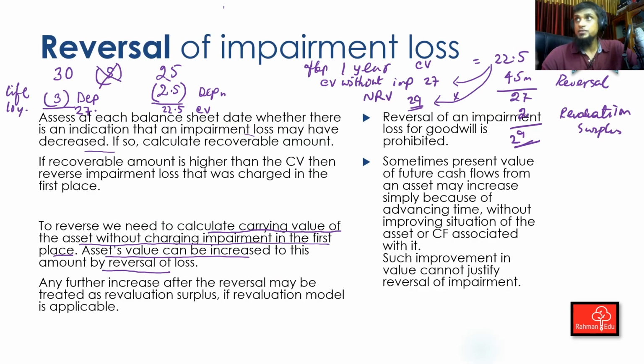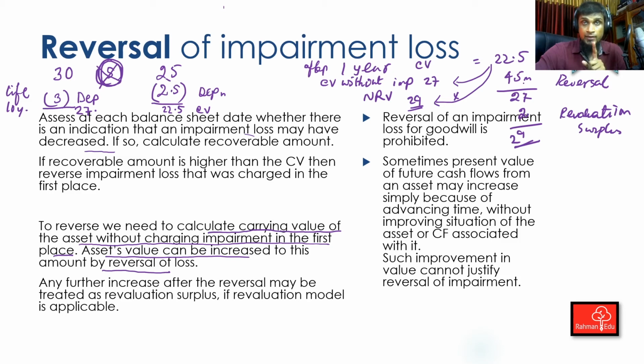A common mistake that students often make, like over here, in the previous illustration, go back to there once again. In the previous illustration, the impairment loss that we charged was $5 million. The asset fully recovered and upward revaluation happened. But the calculated reversal amount is 4.5.